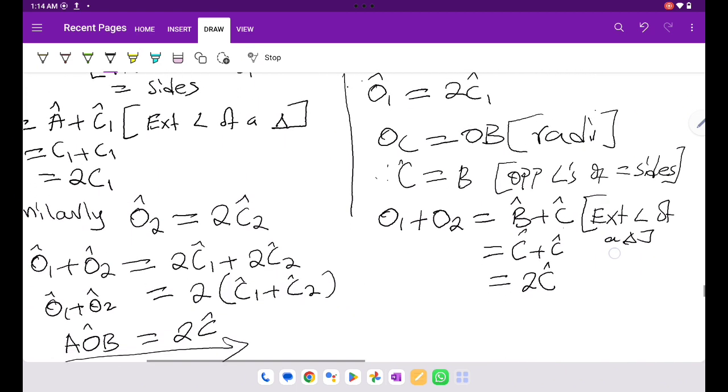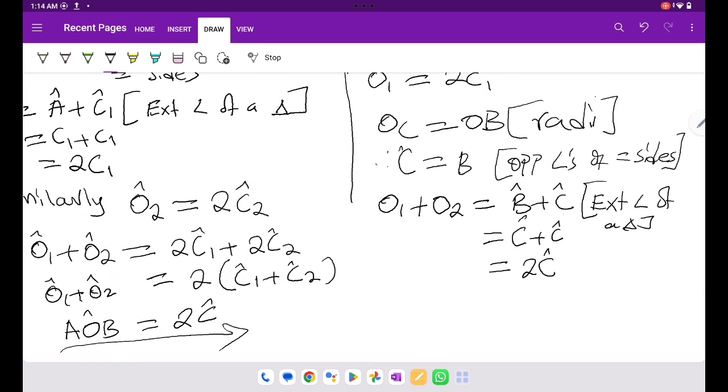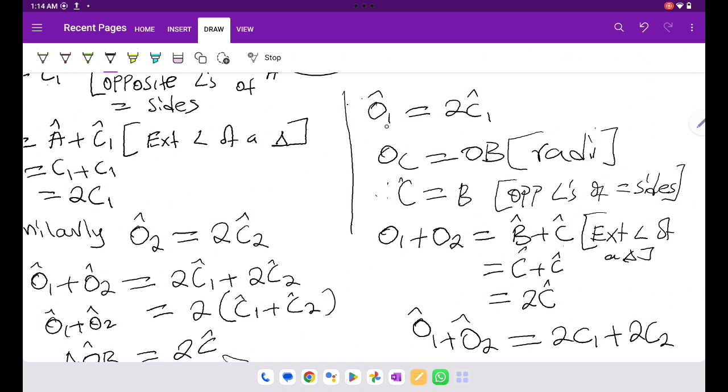We said that angle O1 plus angle O2 equals 2C1 plus 2C2. Right. So our statement that we have proved here is that angle O1 is 2C1.